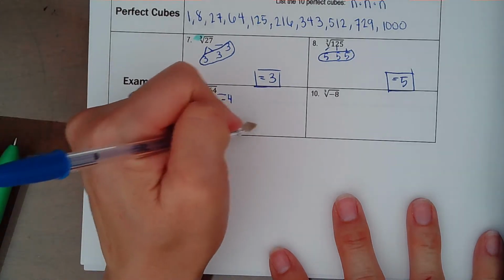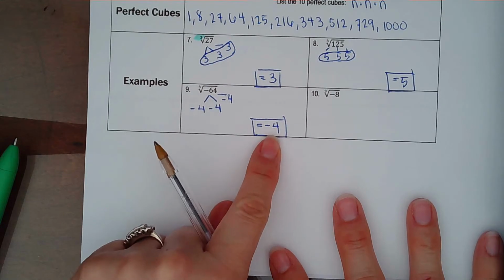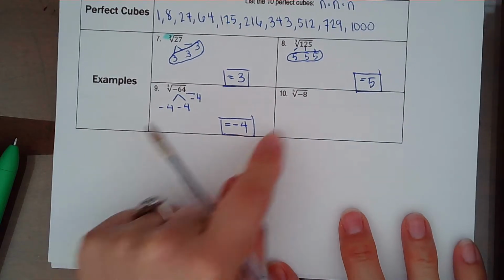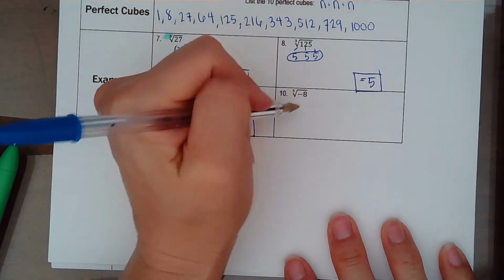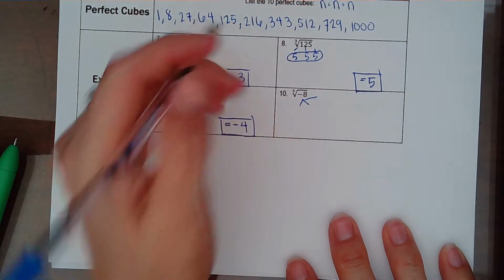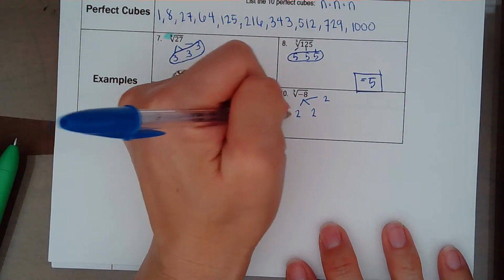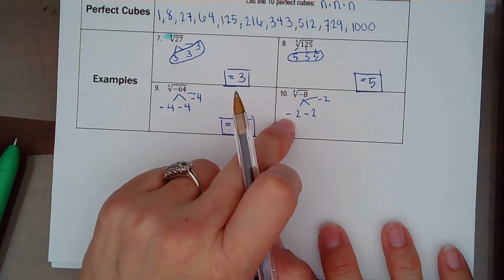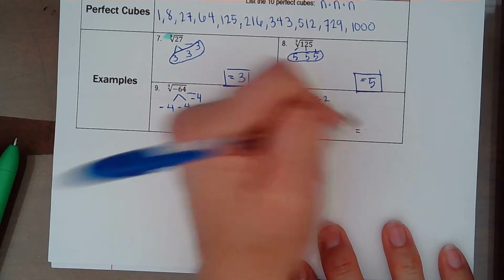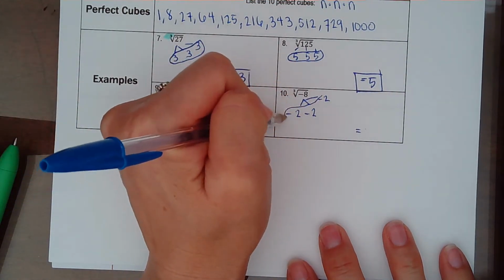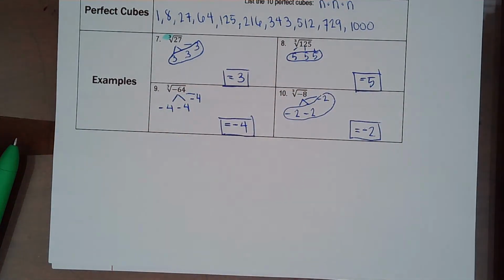And it's a set of 3, so it can come out of the radical. And then over here, we might panic a little bit again because we see, oh gosh, it's a negative, but fear not. We know that 2 times 2 times 2 is 8, but they have to be negative. Negative 2 times negative 2 times negative 2. And again, we have a set of 3 that can come out, and our answer would be negative 2.